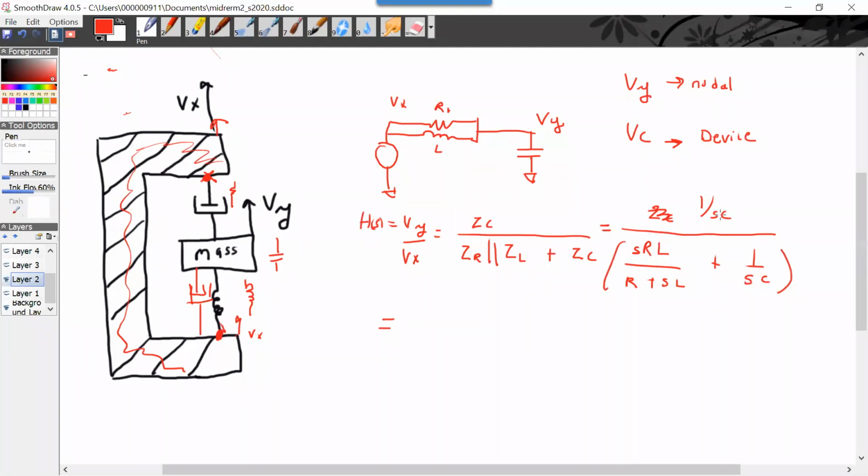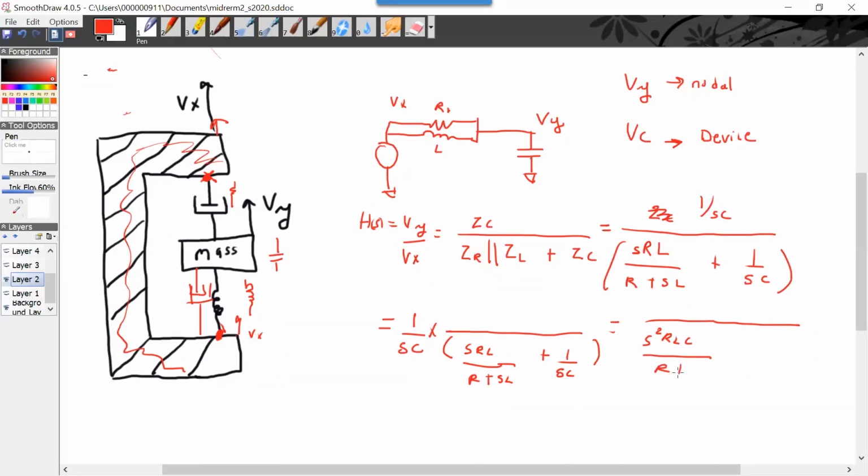So multiply through, I'll just draw it. Multiplying through by sC gives s squared RLC plus 1.